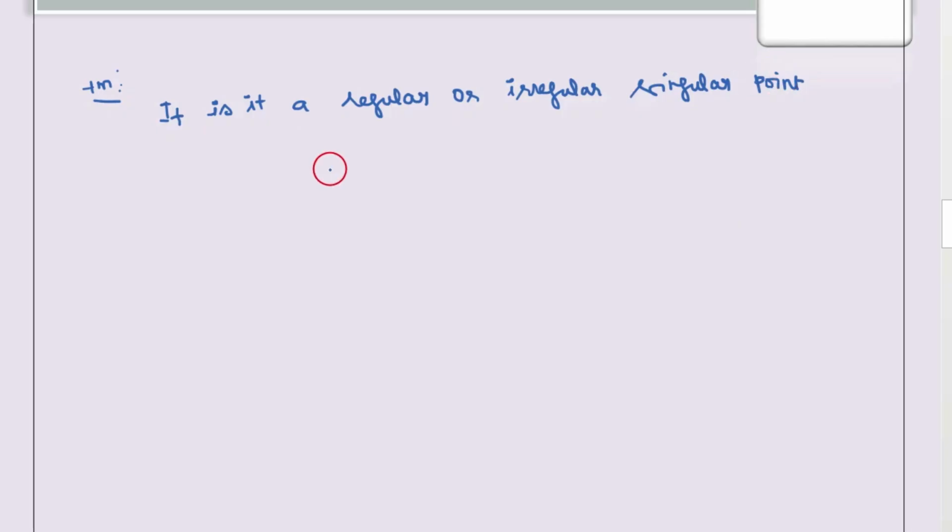Homework problem: find whether x square y double dash plus x y dash plus y is equal to 0 is a regular or irregular singular point. There are three cases: ordinary, or in singular, regular or irregular.